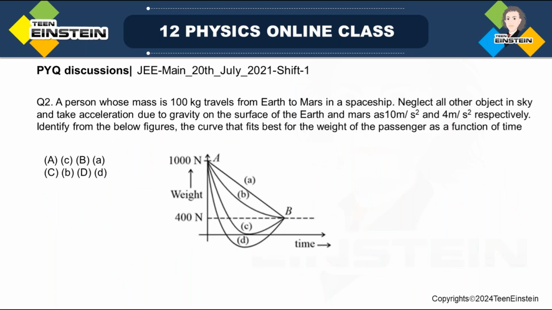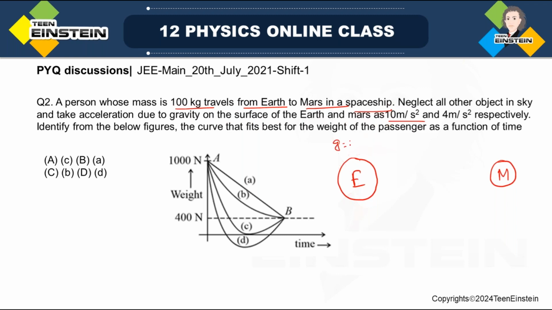Okay, all right. Let us go to the next problem. This question says a person whose mass is 100 kg travels from Earth to Mars in a spaceship. So suppose this is my Earth, this is my Mars. Neglect all other objects in the sky and take acceleration due to gravity as 10 meter per second square on the Earth's surface and 4 meter per second square on the Mars surface.